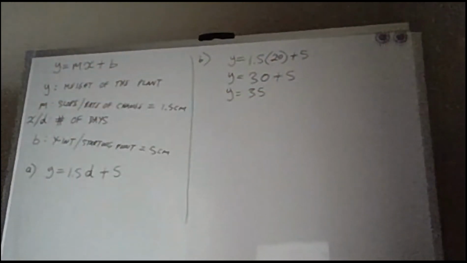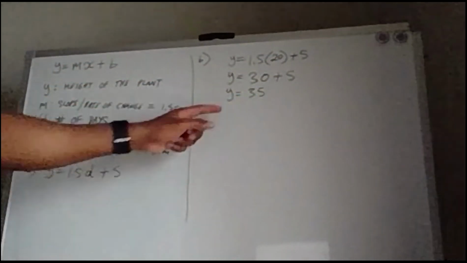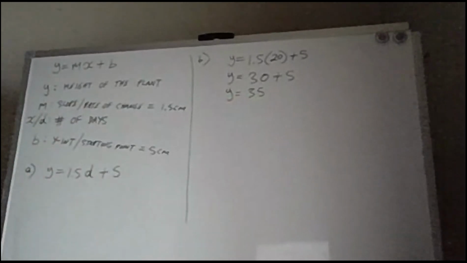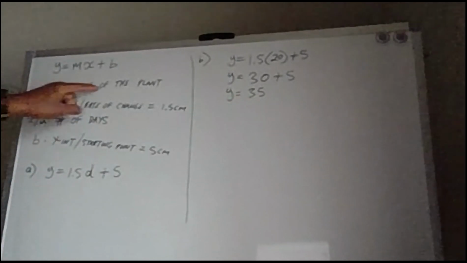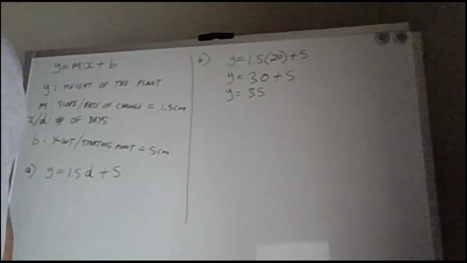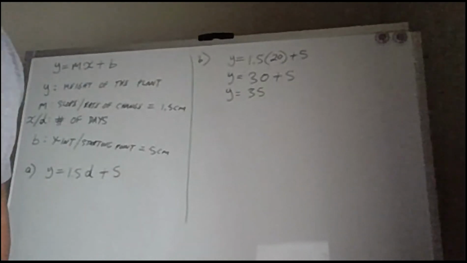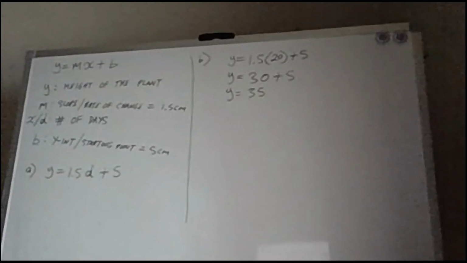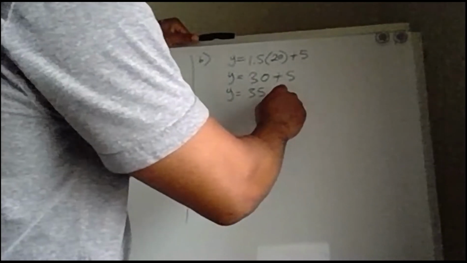We know that d is the number of days, and what is y? What does this represent? 35 what? Well, if we look here, it says y is the height of the plant. Now, what units are we talking about in this problem? Are we talking about inches, meters? Centimeters. There you go. So this is 35 centimeters.